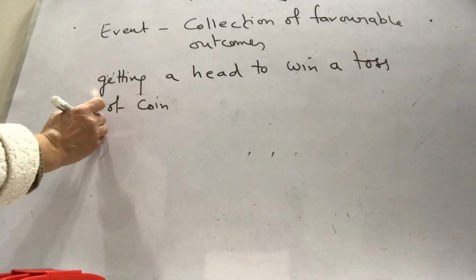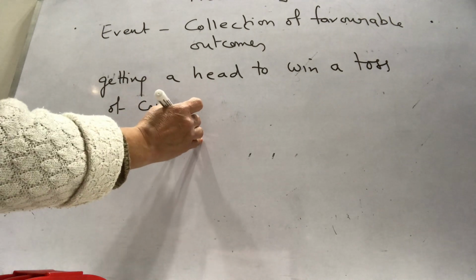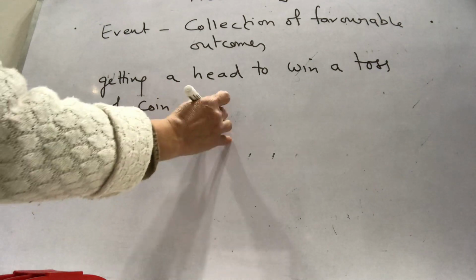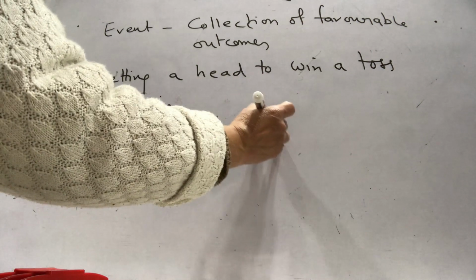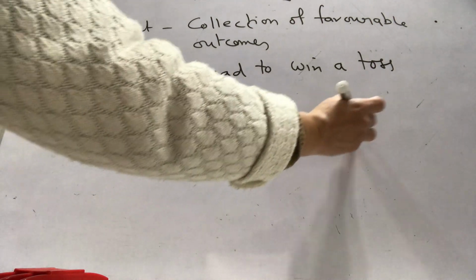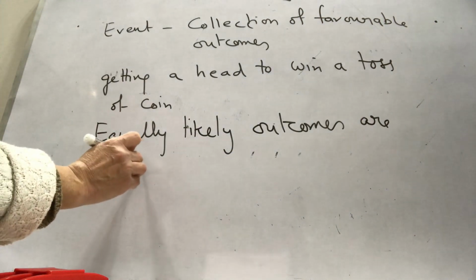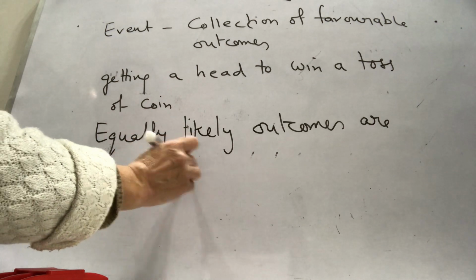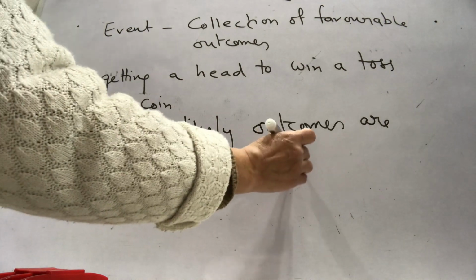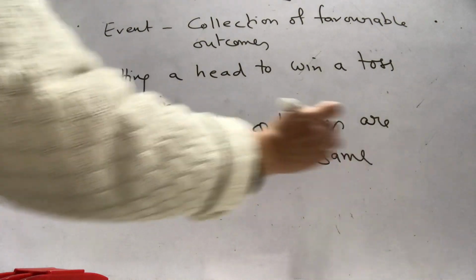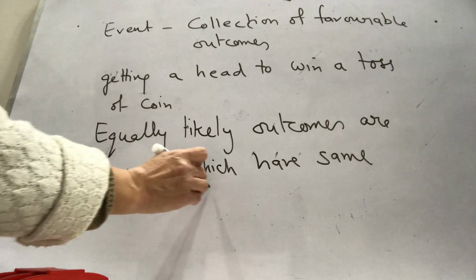Now in this, you will also see the word equally likely. That means they have equal chance of occurring. So equally likely outcomes are outcomes which have same chance of occurring.